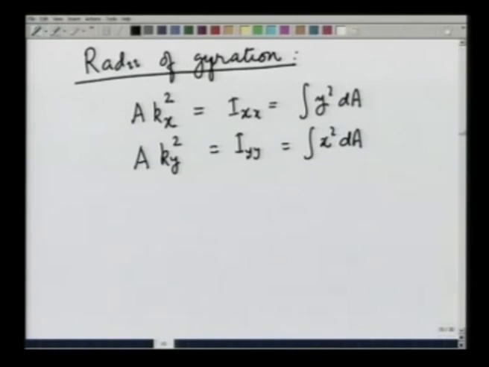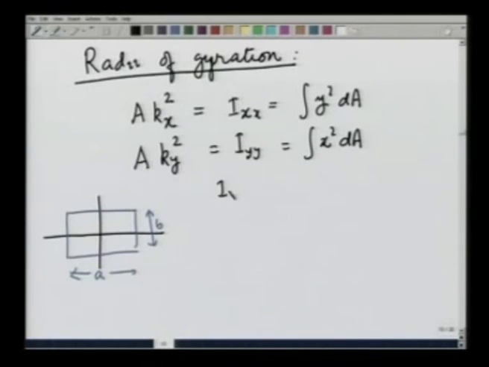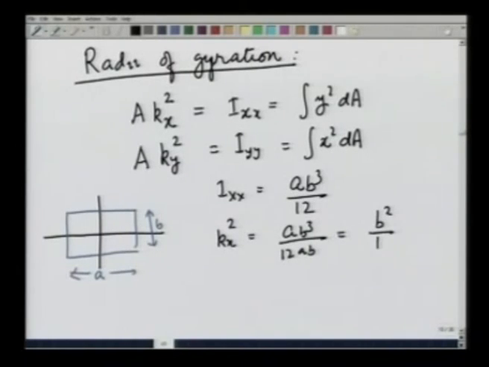Thus, for example, when we look at a rectangle of length a and width b, we have already calculated that Ixx is equal to a b cubed over 12, and therefore kx square is going to be a b cubed over 12 ab, or equals b square over 12.